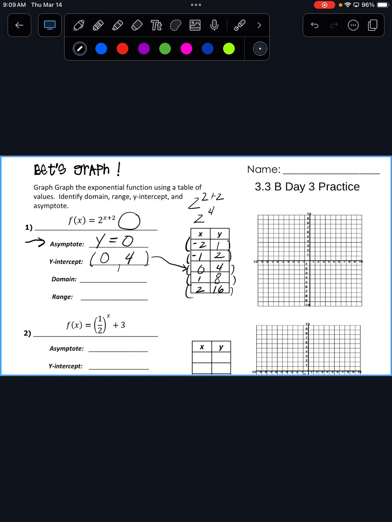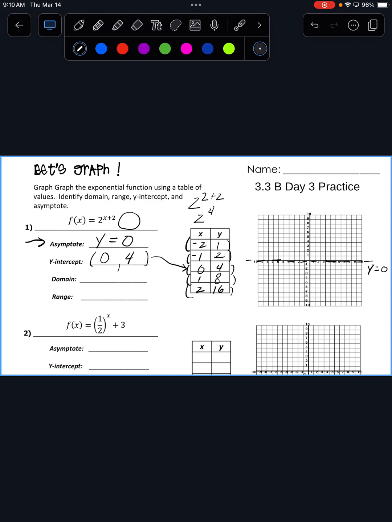And it's going to be a horizontal line in relation to the y-axis because it's y equals. And it's going to go right through where y equals 0, which would be right here on the x-axis. Okay? Now I know my function is going to come very close to this line, but it's never going to cross it.